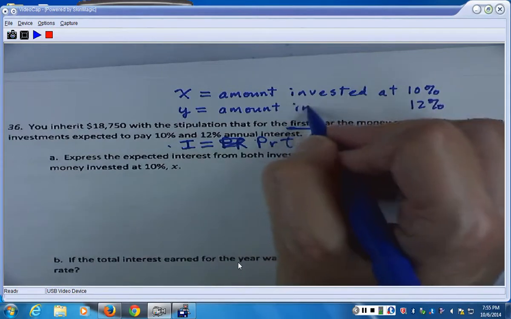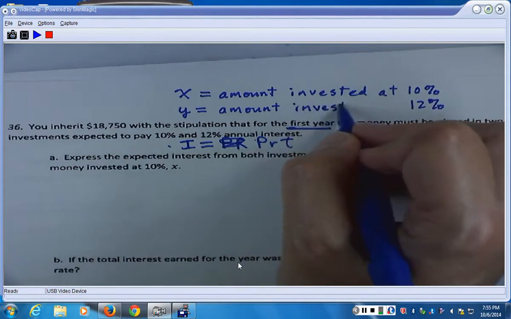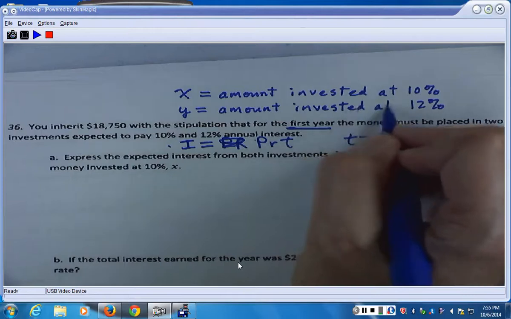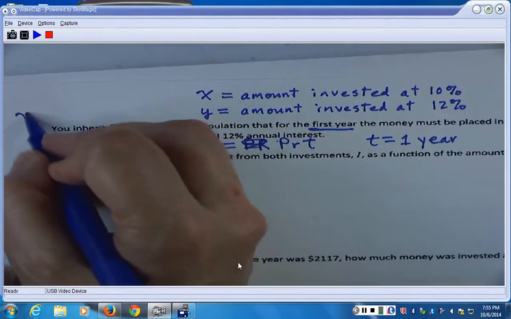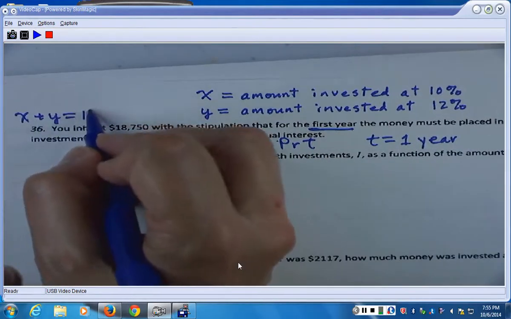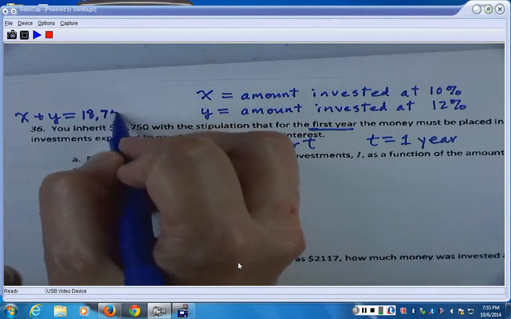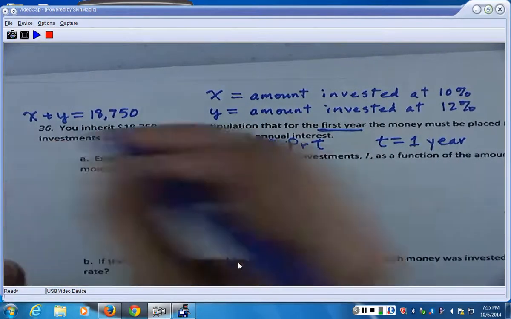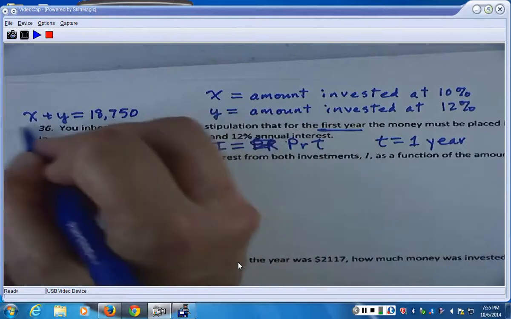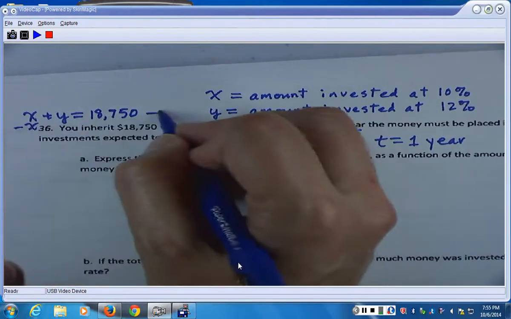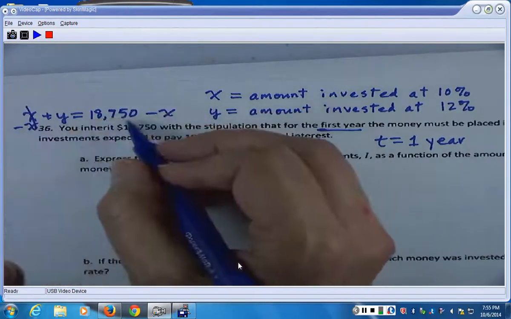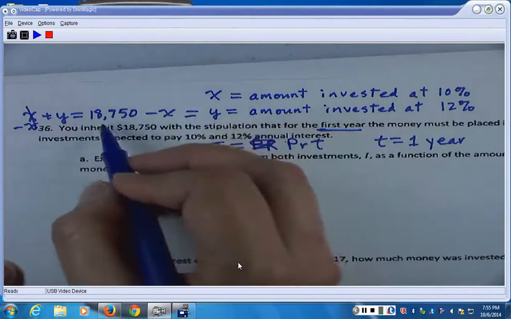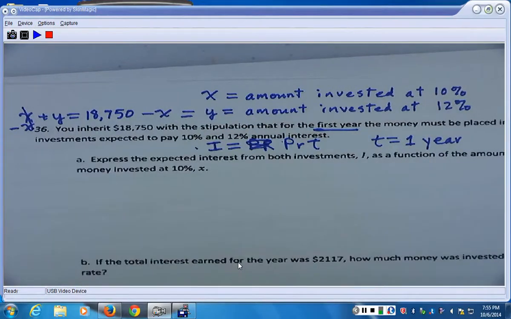So we have to write y in terms of x. Remember, x plus y has to equal your total. So you're going to subtract your x from both sides. So y equals 18,750 minus x.